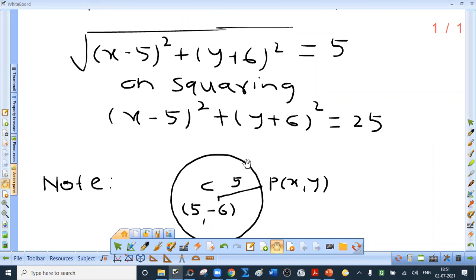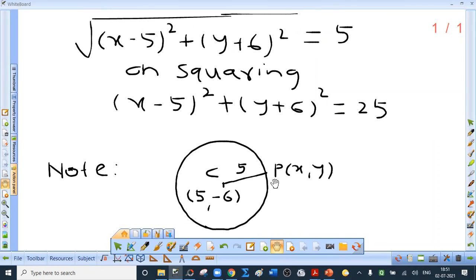This locus represents a circle whose center is at (5, minus 6) and radius is 5 units. You can check this. P(x, y) is any point on the circle. Every point on the circle is at a distance equal to the radius from the center. And by distance formula, what is CP square? This only. Okay.